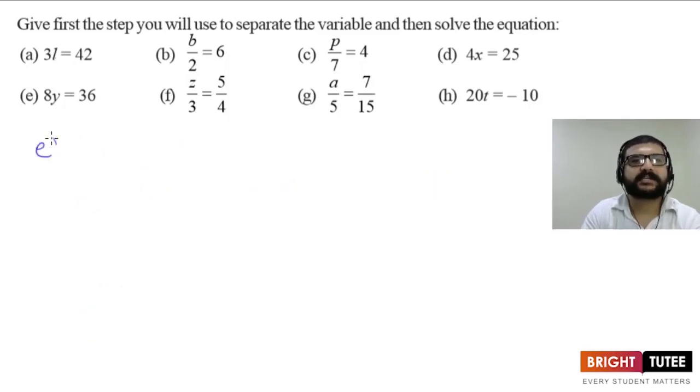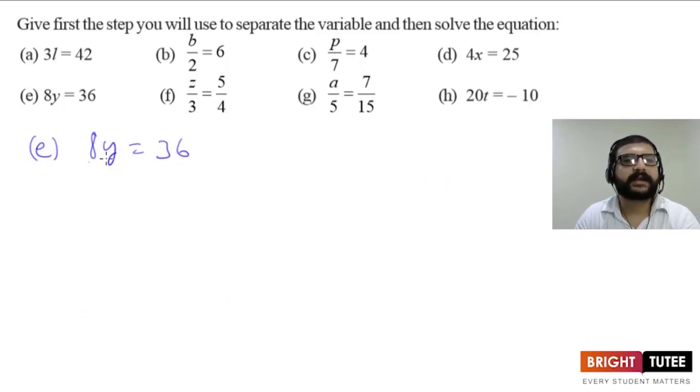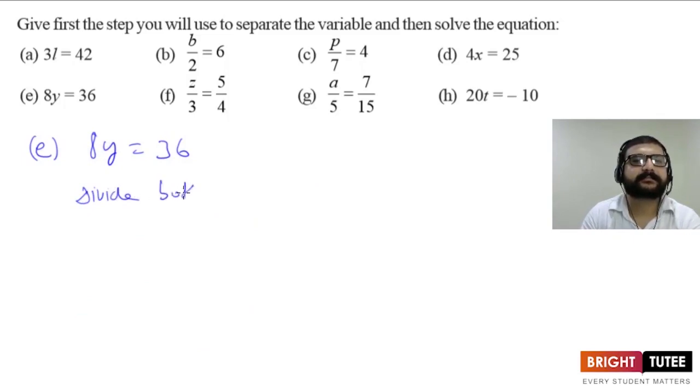Now the next question is 8y is equal to 36. Here we have to get rid of 8 which is multiplied with the variable y. For that we will be dividing both the sides with 8.